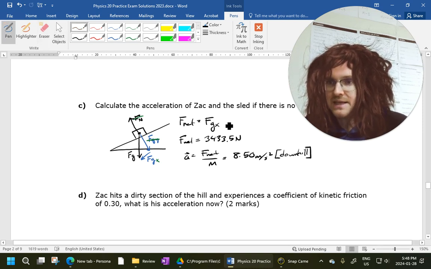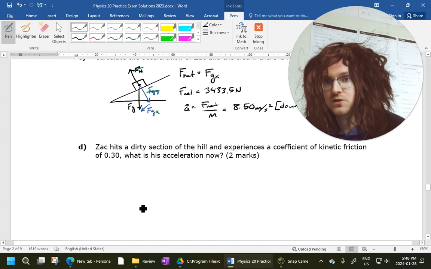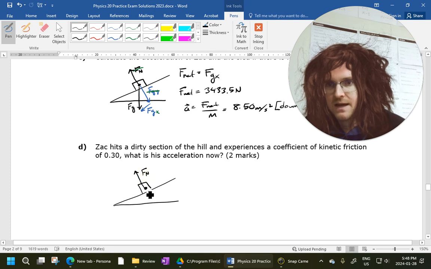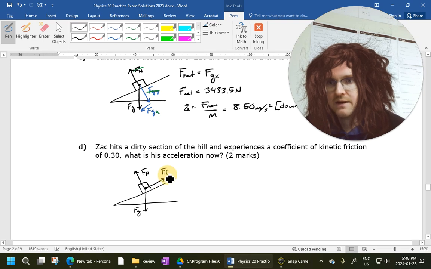It's a dirty section. Now we have friction, right? So if I were to draw this picture out now, same picture, box is going to change its shape, and the angle keeps on changing a little bit. Now what we have is friction. So FF, that's going to try to slow us down there. It's perpendicular to our other.